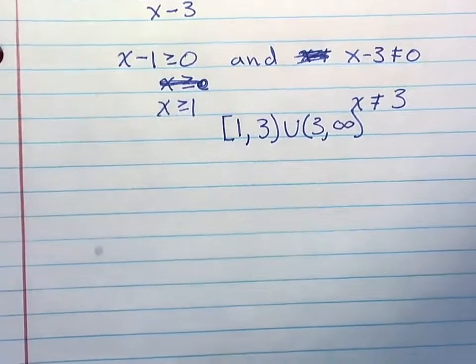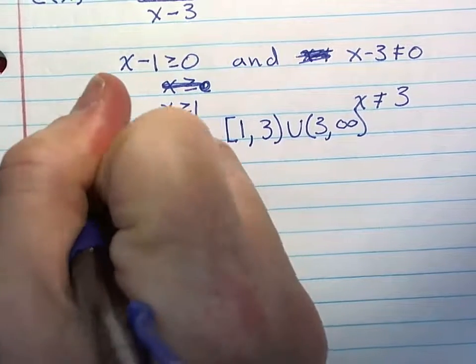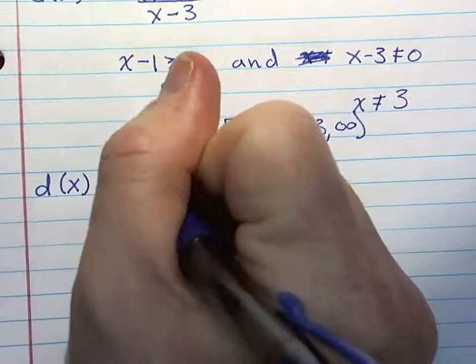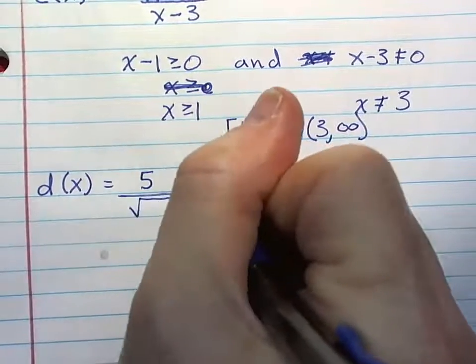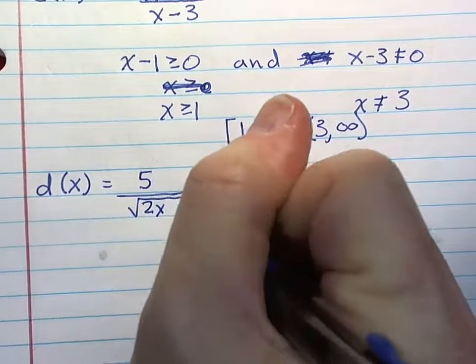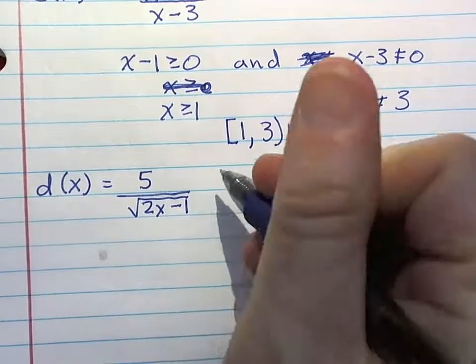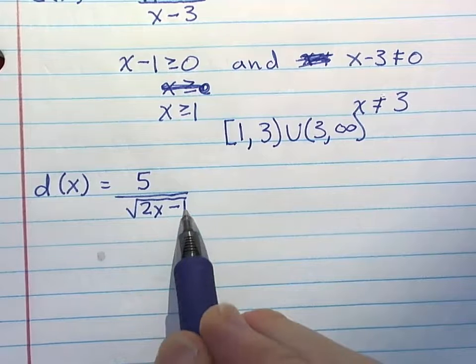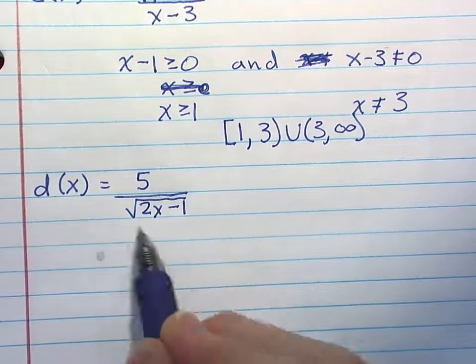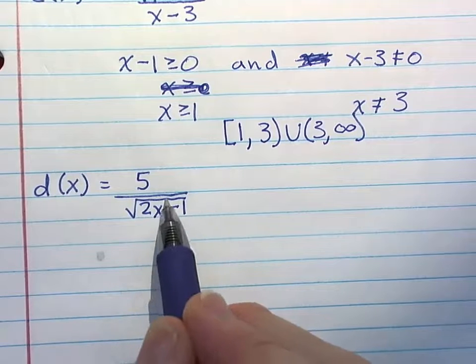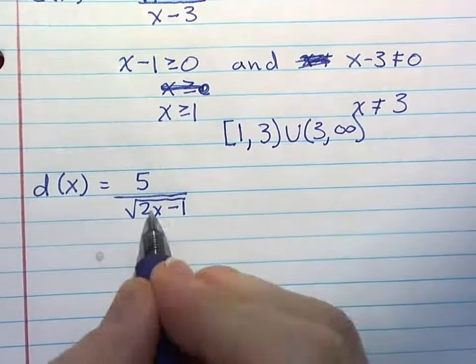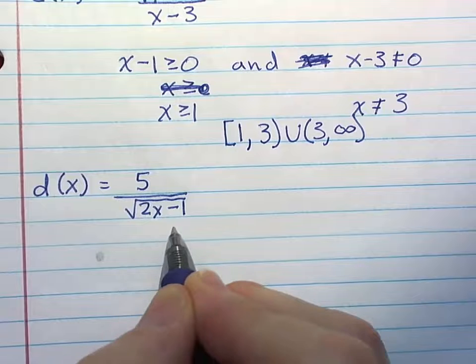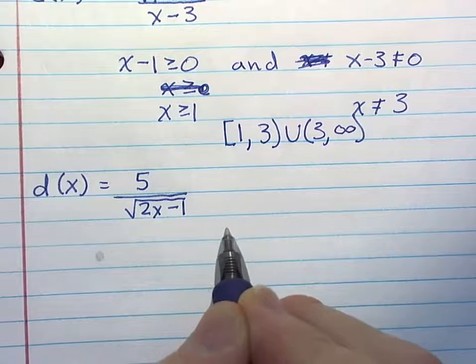Okay, now let's look at another combination. Let's suppose we've got 5 over the square root of 2x minus 1. Okay, so here we've got an even index radical, and it's in the denominator. Now normally we would say, well, if we have an even index radical, 2x minus 1 has to be greater than or equal to 0.